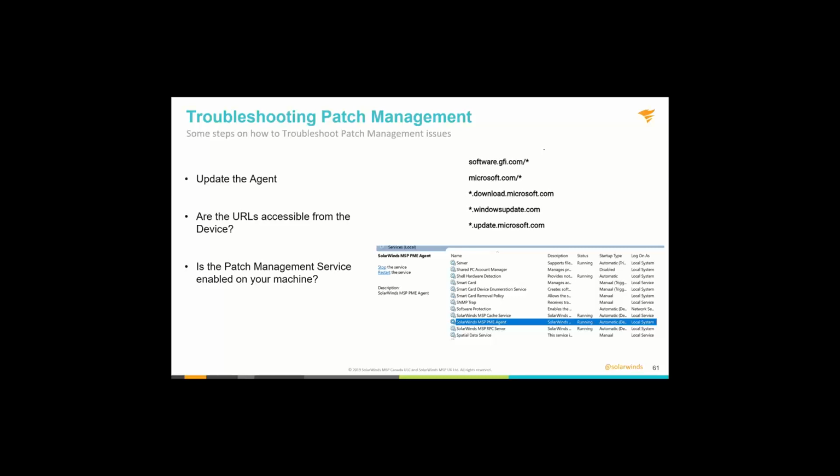There's a troubleshooting article with some more URLs that you'd probably need to allow for the patches to install. Also, you can check on the machine itself if the patch management service has been enabled. Sometimes this can turn off, so you just right click and enable it again, start the service again.